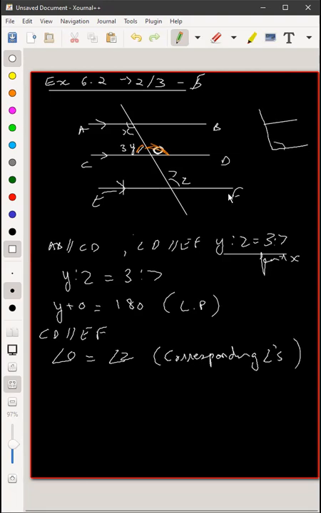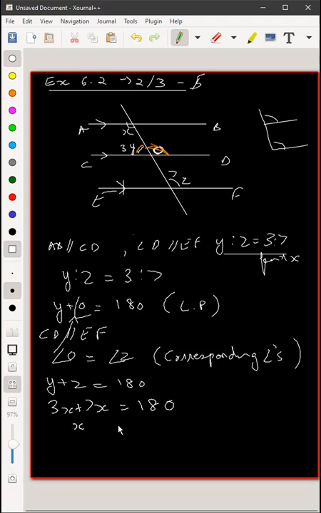Z and O, so they are equal. That means that Y plus Z is equal to 180 degrees. I just substituted Z for angle O over here. That means that 3x plus 7x is equal to 180.